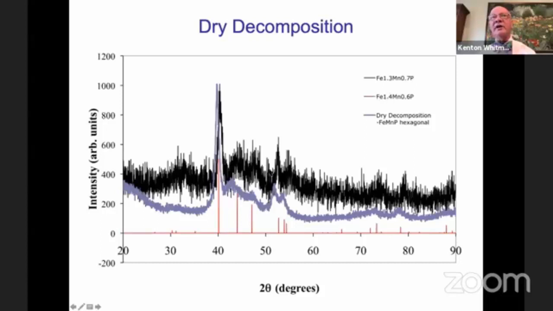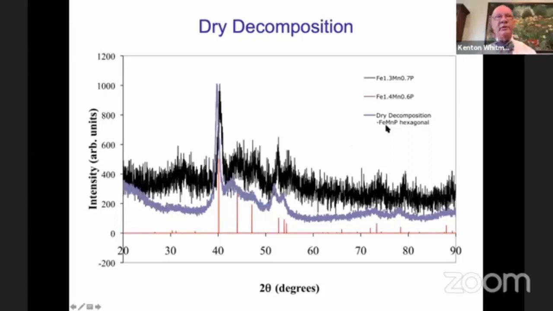You can see our nanoparticles were rich in iron. They are the black curve here. The nanoparticles are very small, so it's a bit noisy for the background here. But you can see for the bulk material, bulk decomposition in the solid state, you get nice one-to-one stoichiometry.